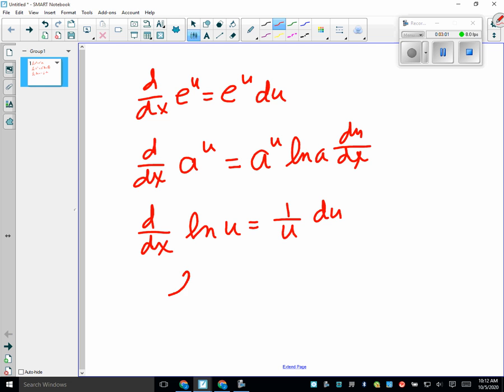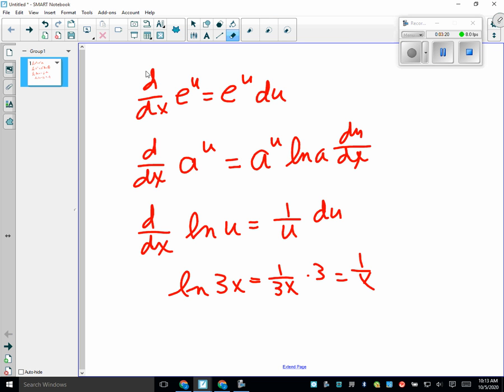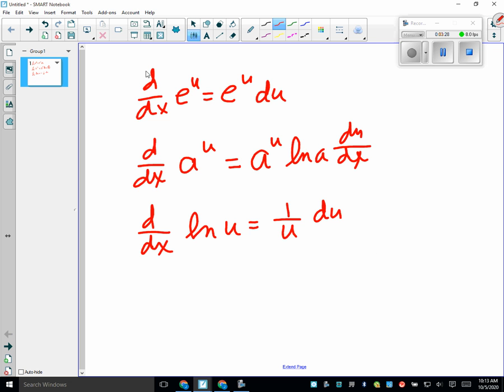So what's the derivative of ln of 3x? 1 over x, times 3, which is 1 over x. What's the difference between du and du of x? Nothing. It's just the way I'm writing it. Okay?